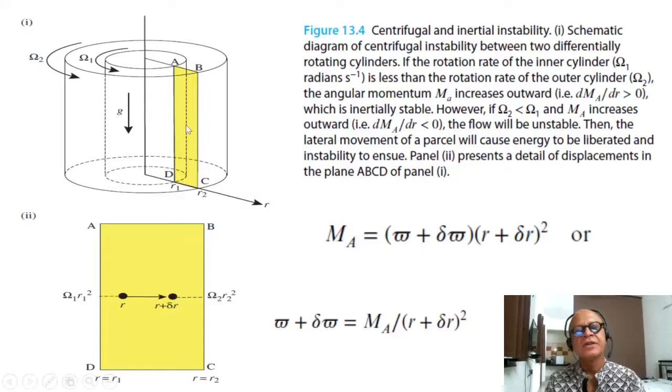Okay, and we will see that if the angular momentum increases, so if the outer cylinder, for example, is rotating faster than the inner cylinder, then the parcel will move easily and be stable, whereas if the outer cylinder is moving much slower than the inner cylinder, then the parcel has to reach the lower angular momentum of the outer cylinder, and then you induce instabilities.